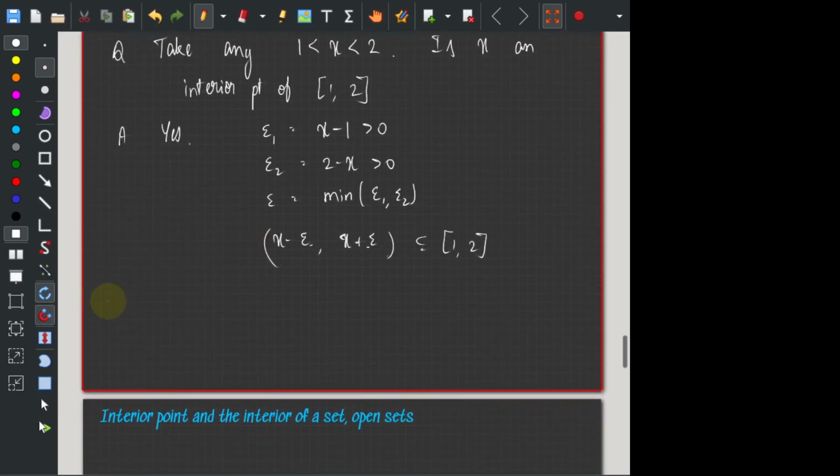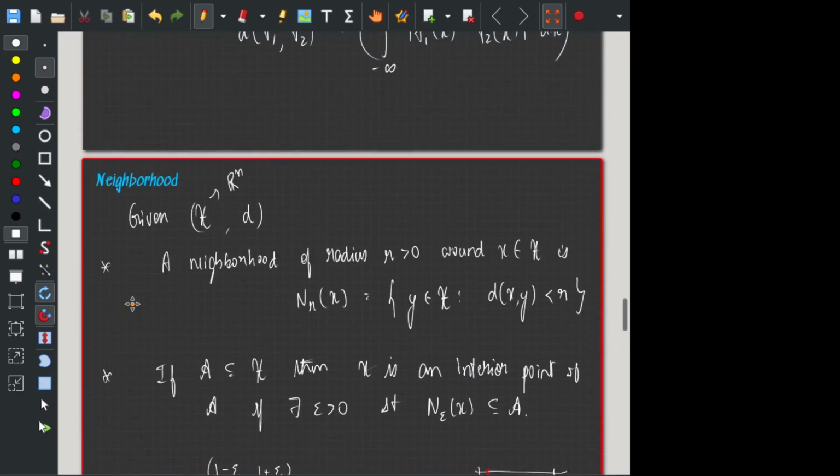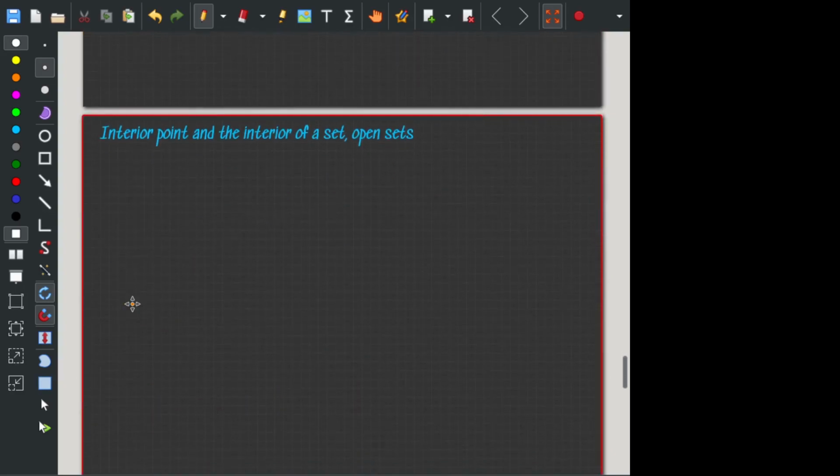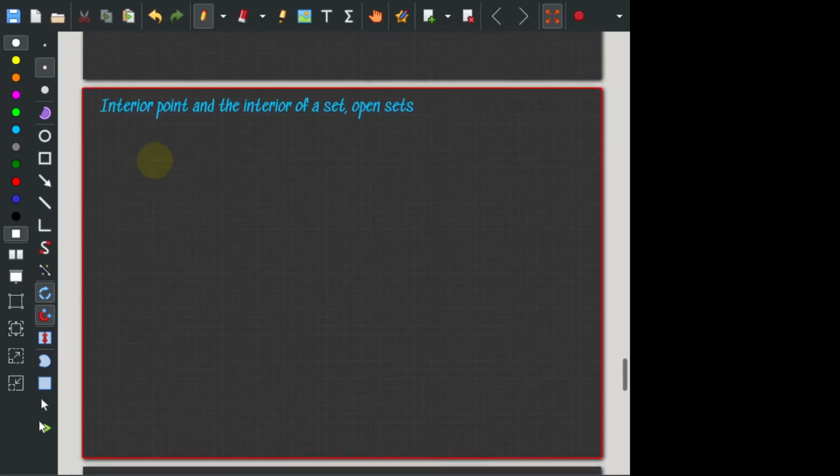Now, neighborhood. Given a set A, the interior of the set A is basically the set of all possible interior points of A.